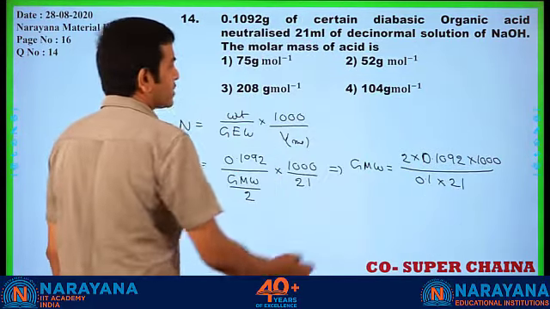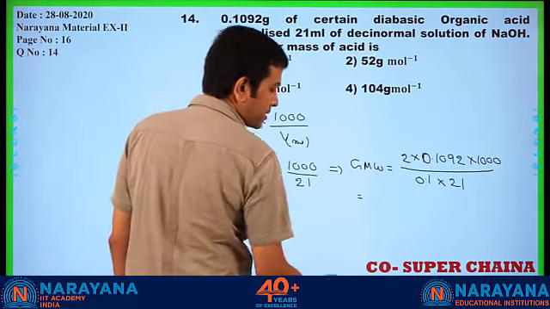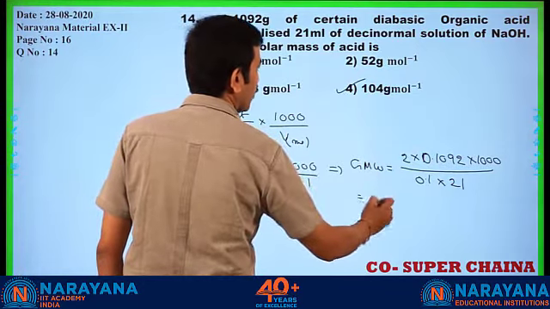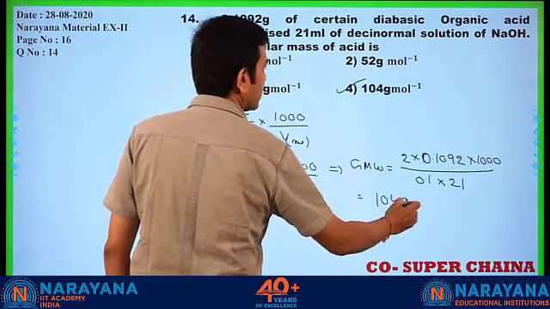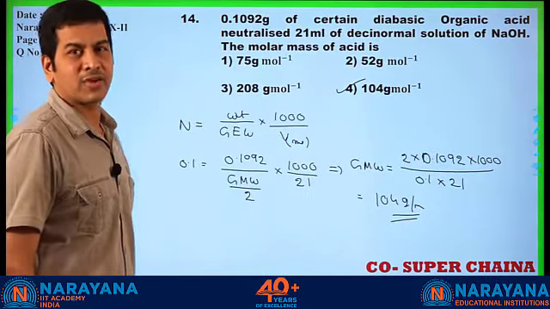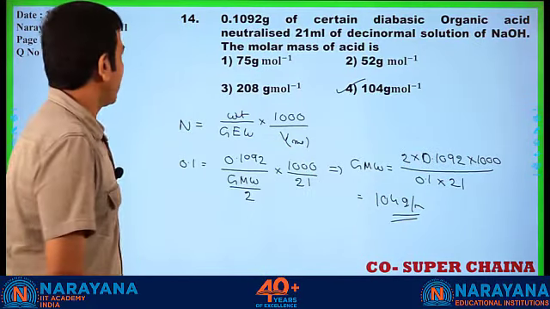After calculation, you will get 104 gram per mole. So that is the molecular weight of that acid, 104. Next question.